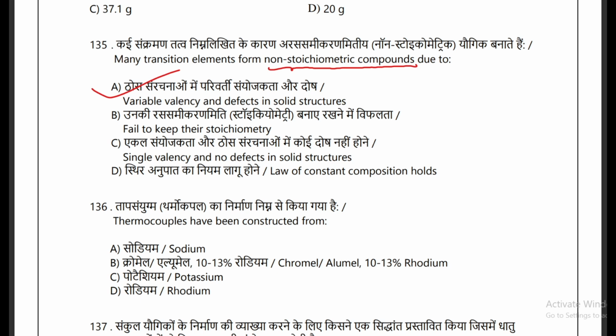This, coupled with defects in their solid structure such as vacancies or interstitial atoms, leads to deviations from the ideal stoichiometric ratios. So variable valency and defects in solid structure, A option, is the correct answer.